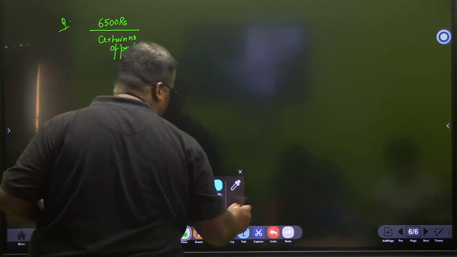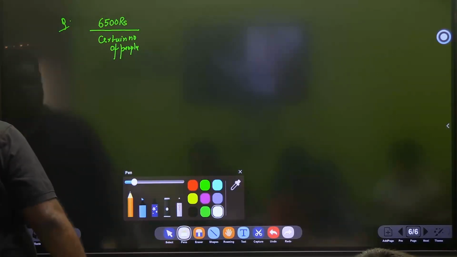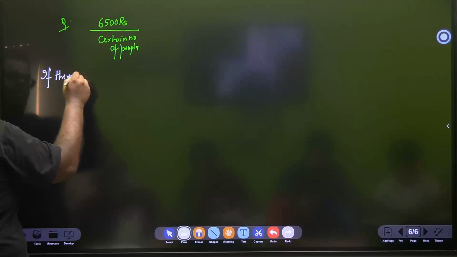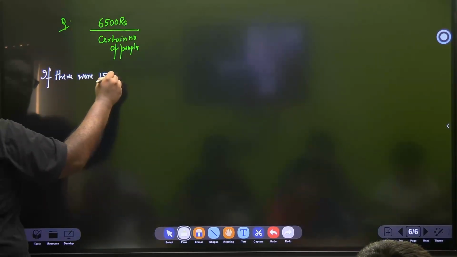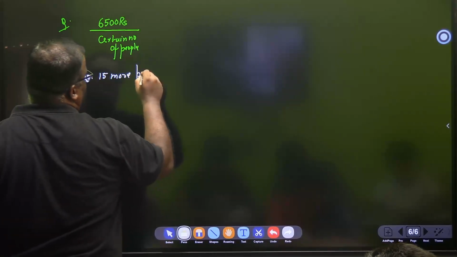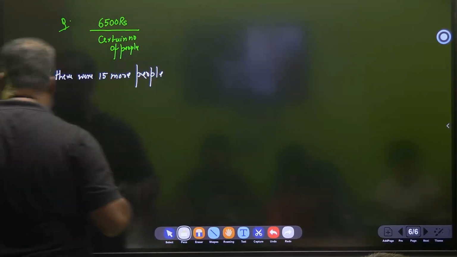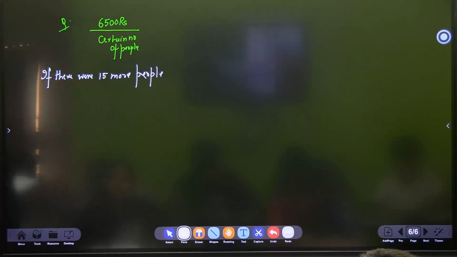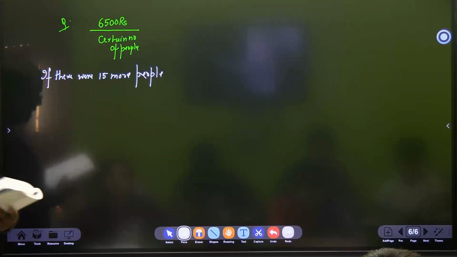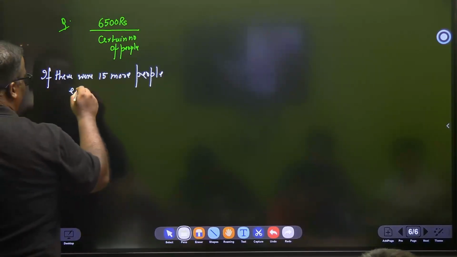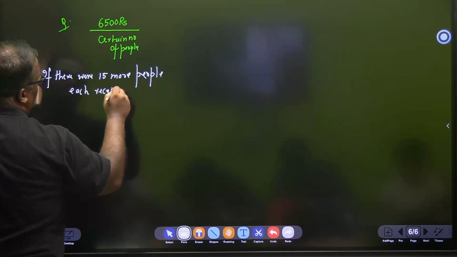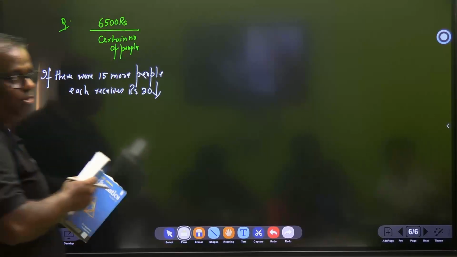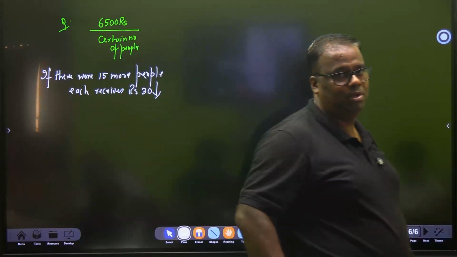Now scenario is, if there were 15 more people, just like books, now it is people. If there were 15 more people, okay. Now if you would have had 15 more people, people will get less money or more money? Yes, less money. So each receives rupees 30 less. Find the number of original people.